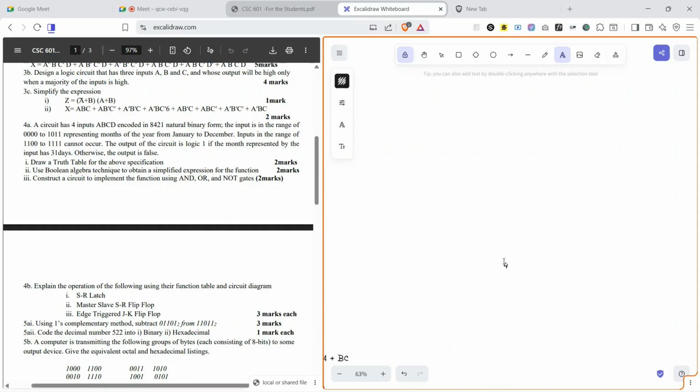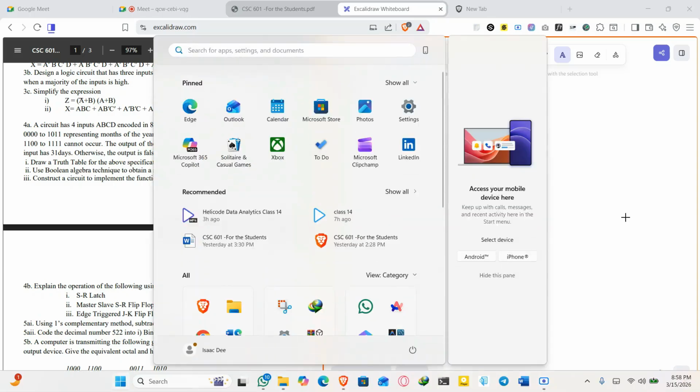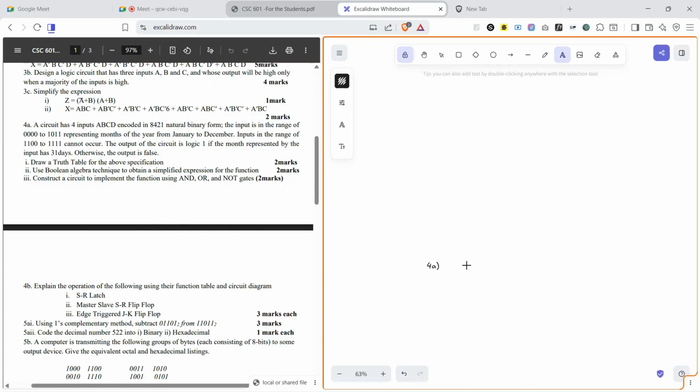Question 4A states that a circuit has 4 inputs A, B, C, D, encoded in 8421 natural binary form.